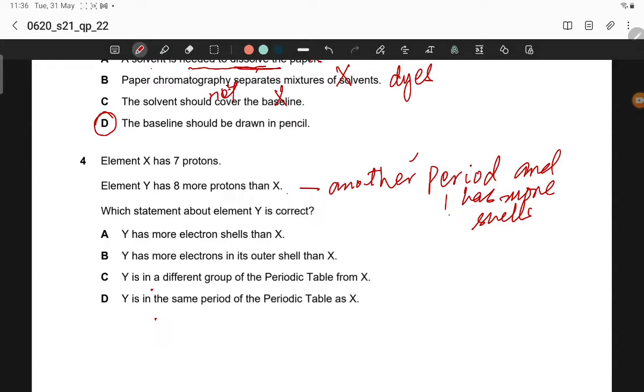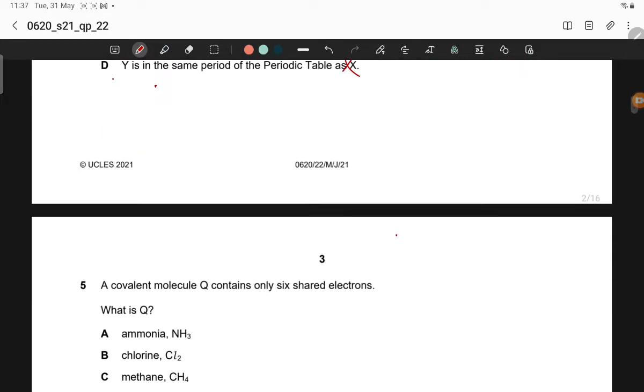Which statement about element Y is correct? Y has more electron shells than X. Yes, this is correct. Y has more electrons in its outer shell? No, this is not correct. Y is in a different group? Y is in the same period as X? No. So option A must be correct.